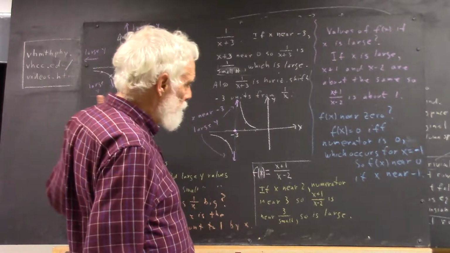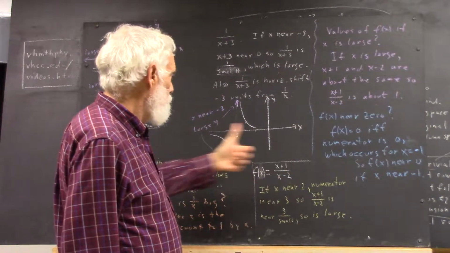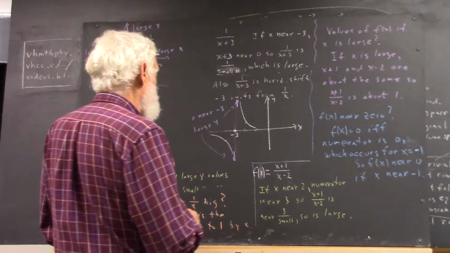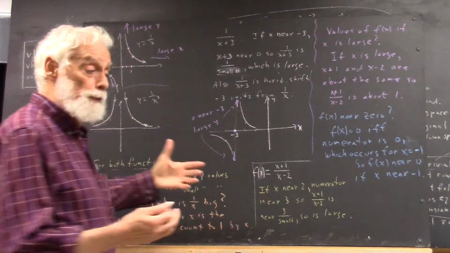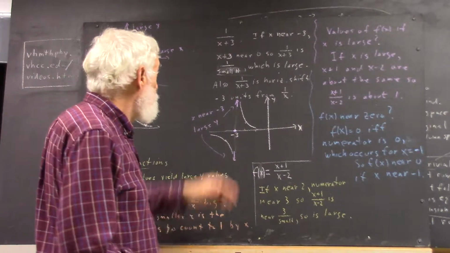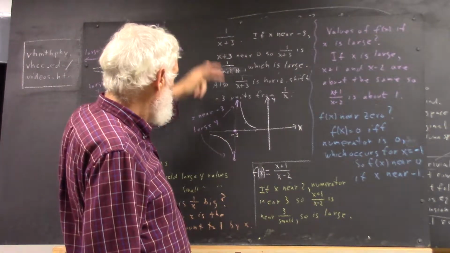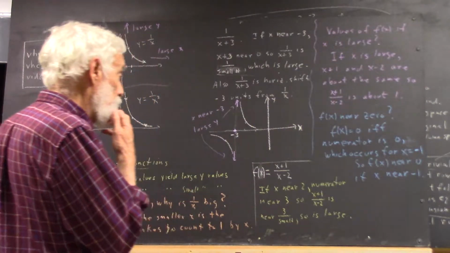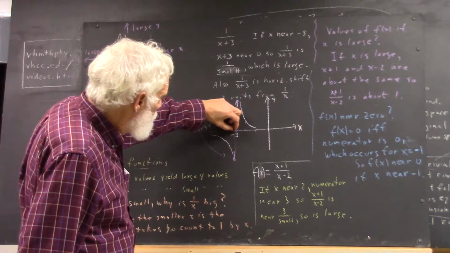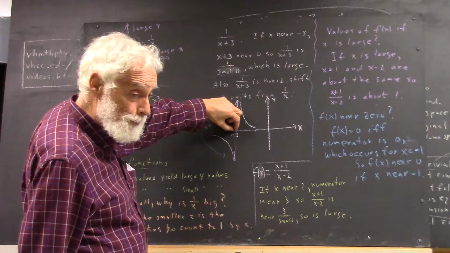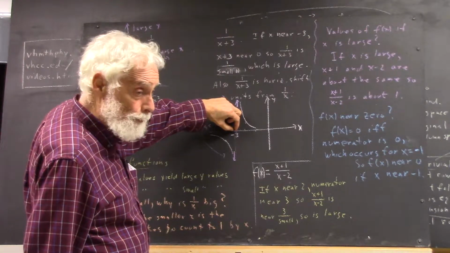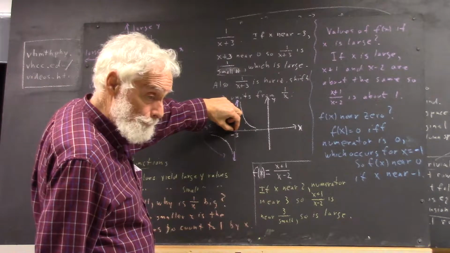And also when x is a large positive or large negative number, 1 over x plus 3 is going to be small. So this is kind of how we can just understand the graph of 1 over x plus 3. And what I've indicated with this little purple segment here consists of x values that are close to negative 3.